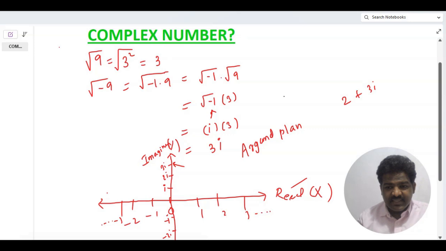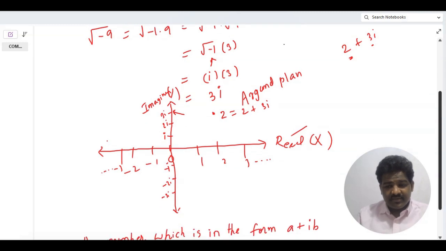Well, this is the real axis, this is the imaginary axis. So the real part is how much? 2, and the imaginary part will be 3, right? So the intersection of these, this point, is called z, that means 2 plus 3i. Now we know how to plot a complex number on the Argand plane.